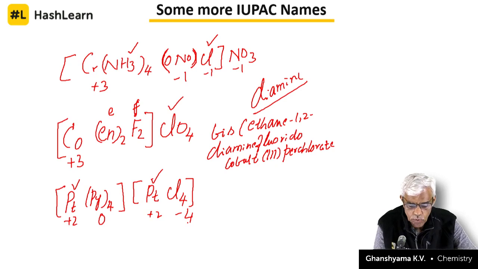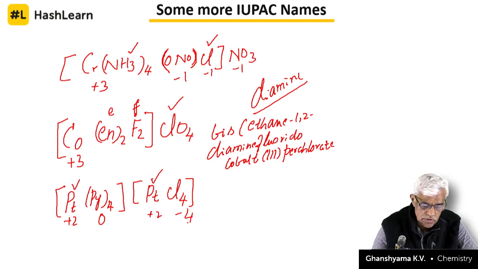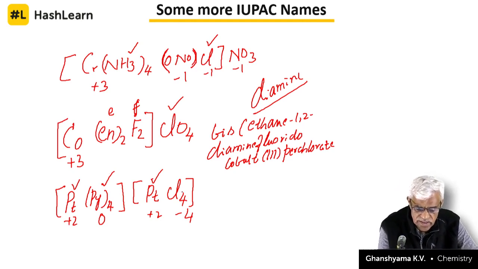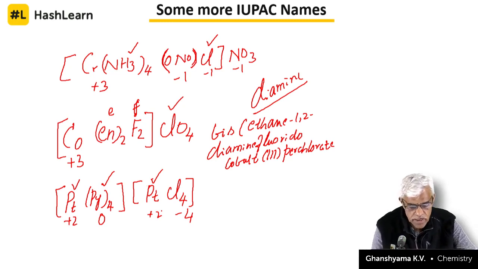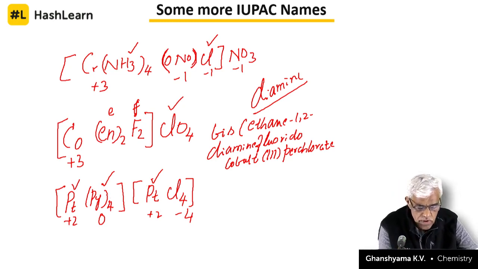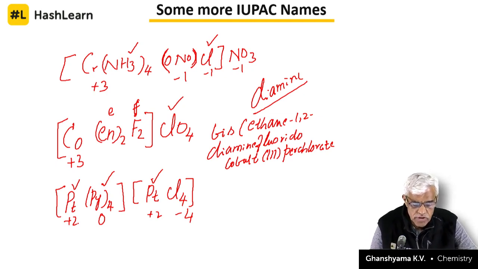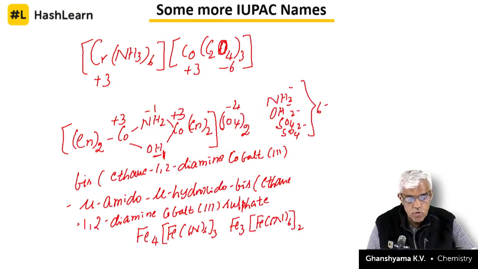Now it is equal because both are platinum. Hence the IUPAC name of this is tetrapyridine platinum 2 tetrachlorido platinate 2.